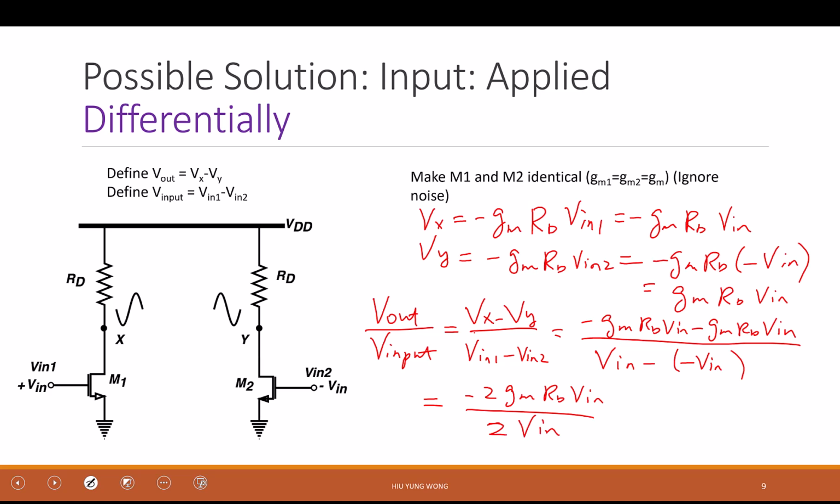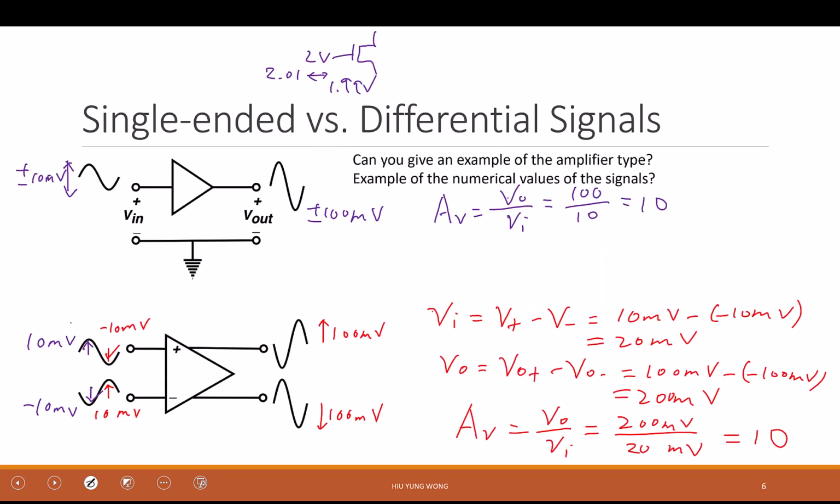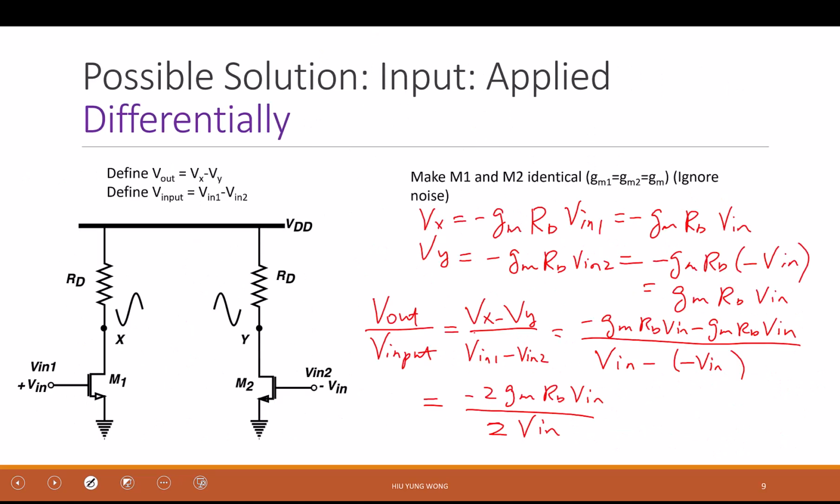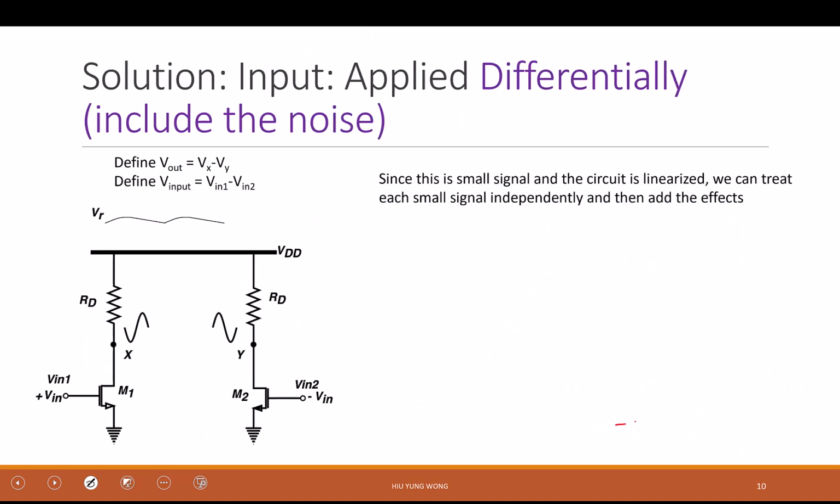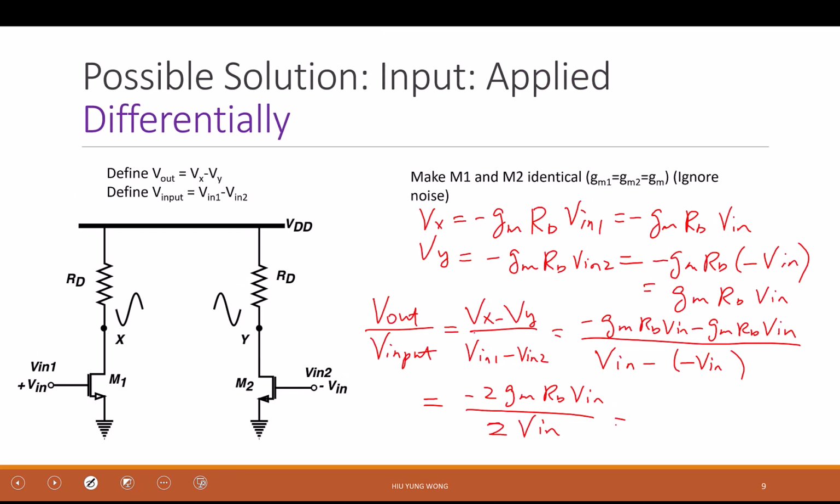That is exactly what we have been talking about here. Input is double, output is also double. Because of this, I still have a gain of negative Gm Rd, which is the same as the common source.